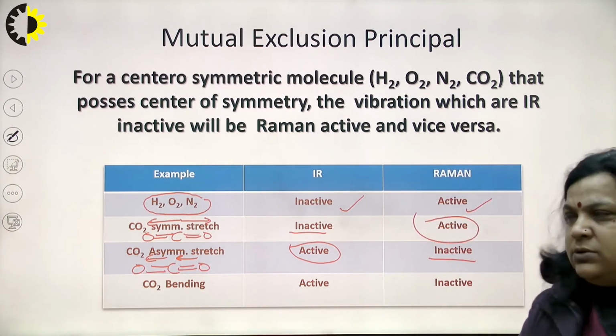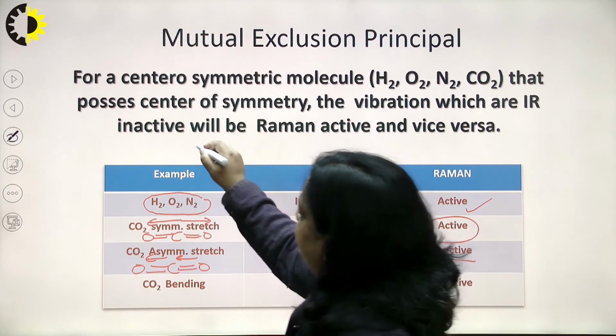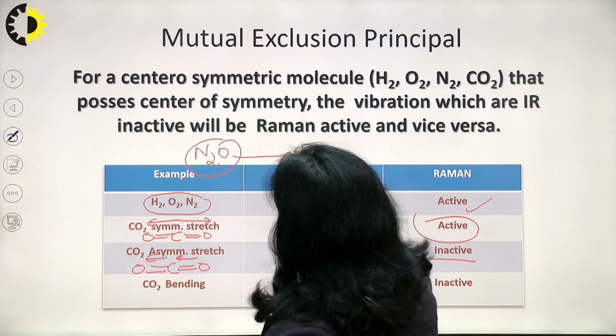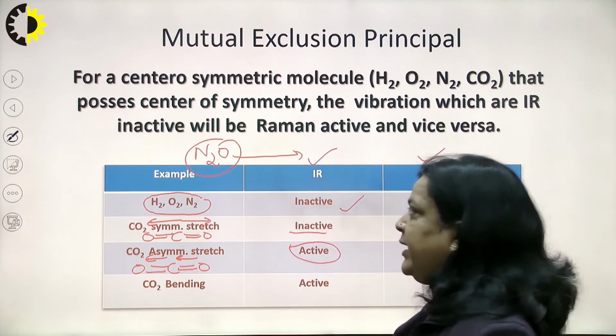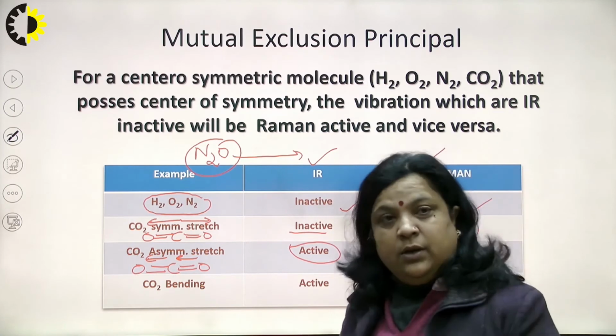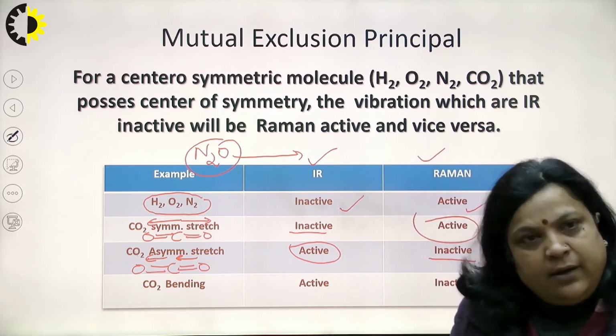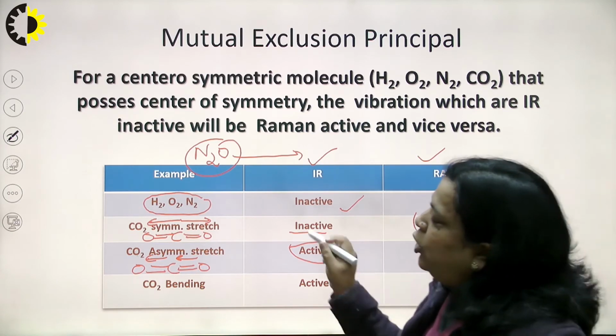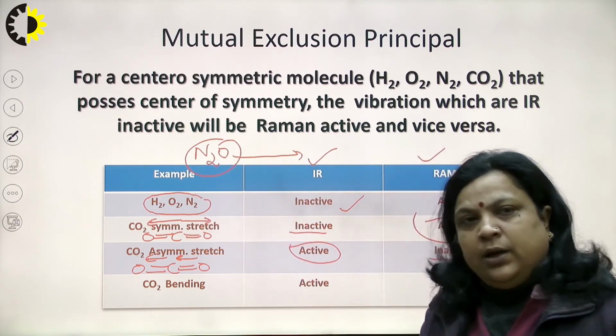But there are such types of molecules like N2O. In case of N2O, vibrations are IR active as well as Raman active. So, we can say this type of molecule does not have a center of symmetry. This rule was very important to predict the structure of a compound.